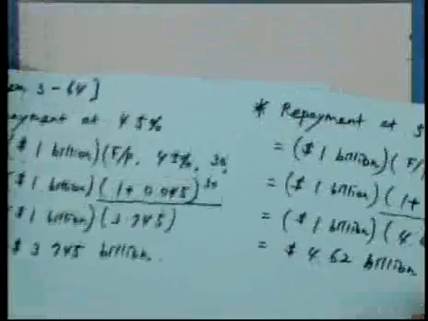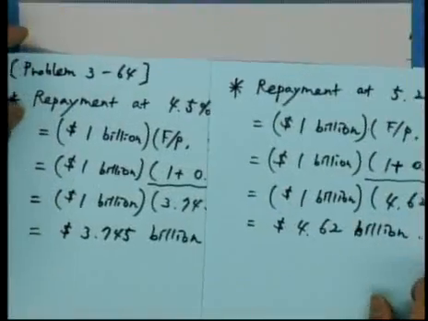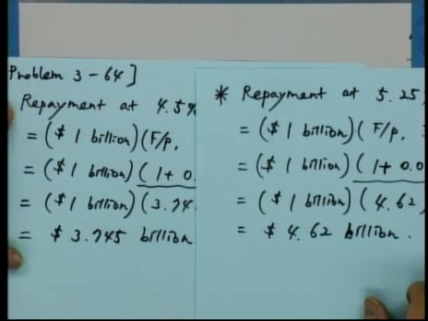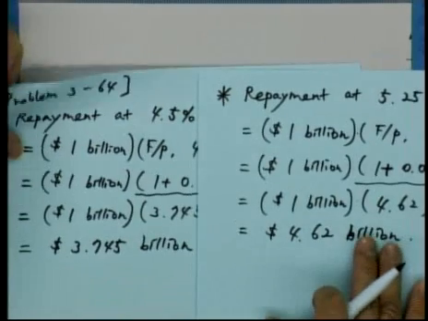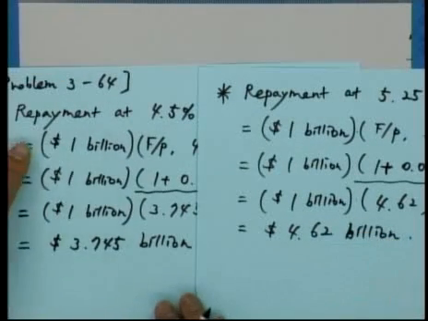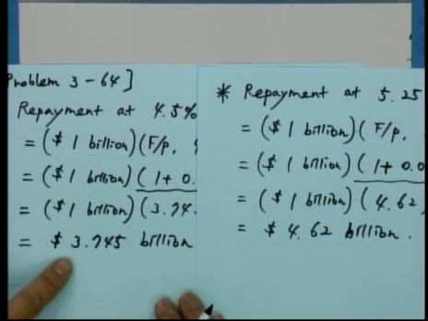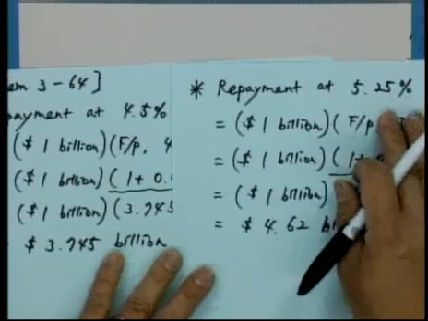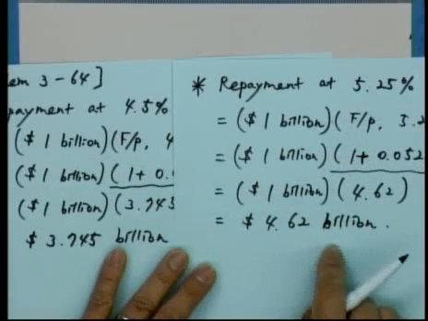So if you compare these two values, repayment at 4.5% is $3.745 billion, and repayment at 5.25% is $4.62 billion.